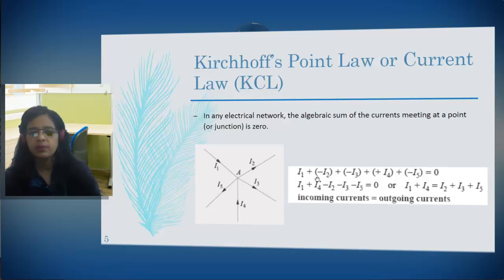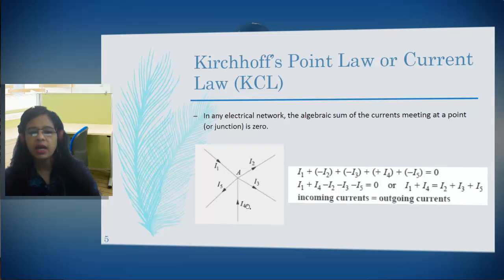So I1 minus I2 minus I3 plus I4 minus I5 is equal to 0. This is Kirchhoff's law. Now if I solve this, I get I1 plus I4 is equal to I2 plus I3 plus I5. Now what are I1 and I4?